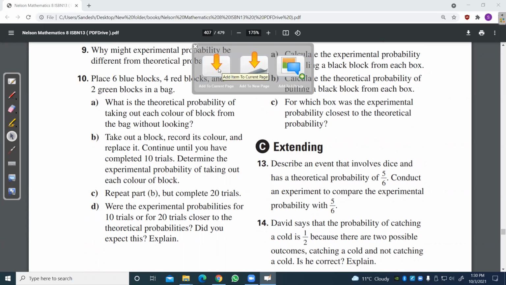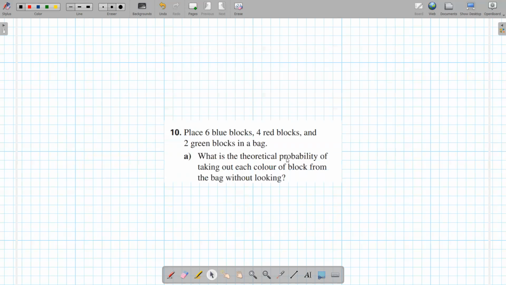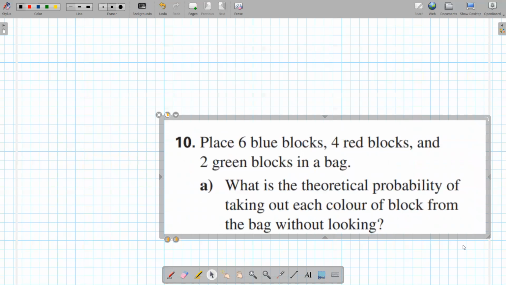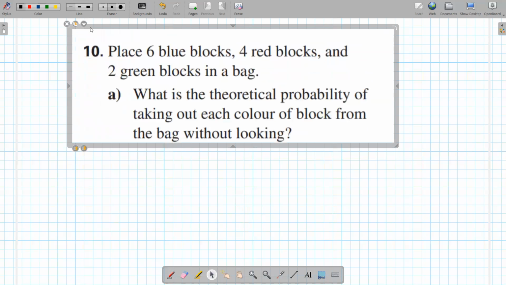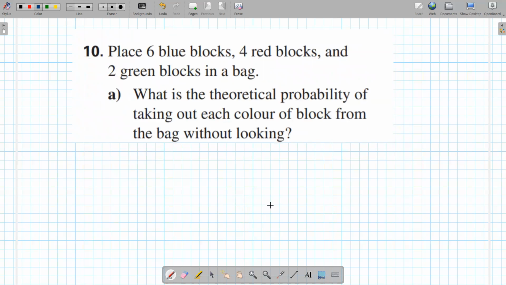Let's do this one. So there are 6 blue blocks. You can just count them as marbles. There are 6 blue. What else is going on here? There are 4 red and there are 2 green. So how many are there in total? 12.